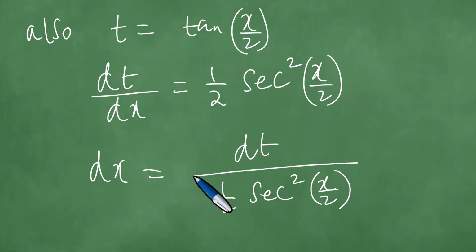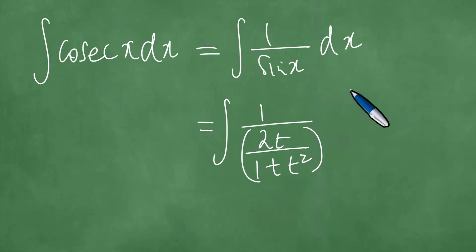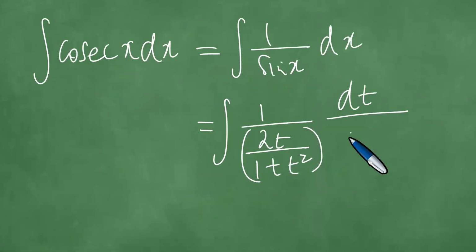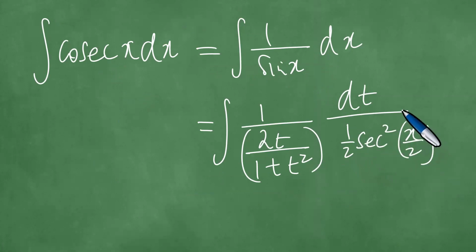And dx is the same as dt over 1/2 of the secant squared of x over 2.